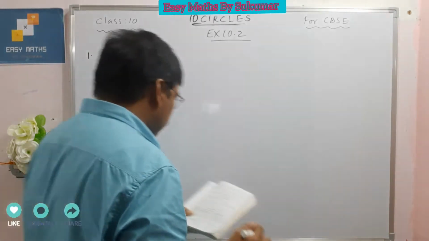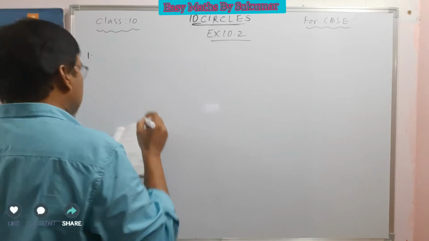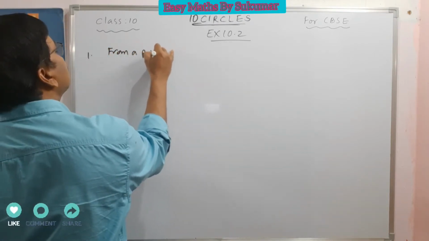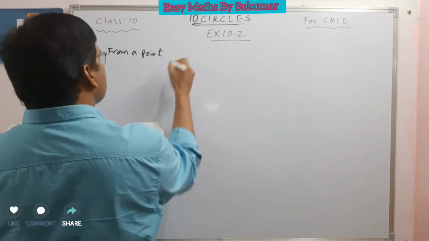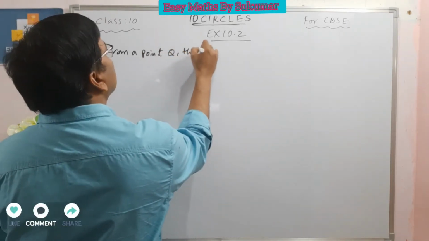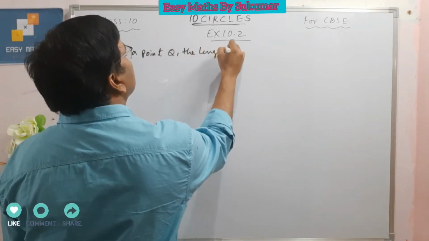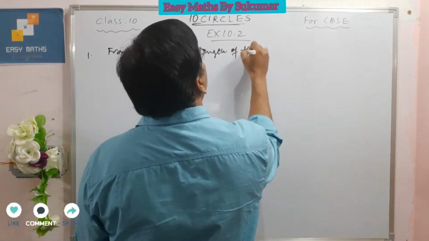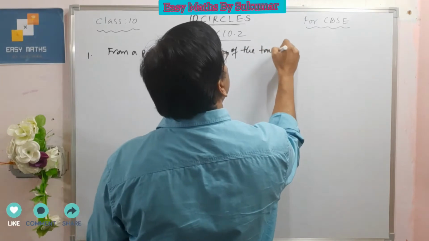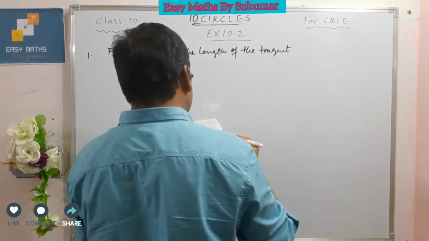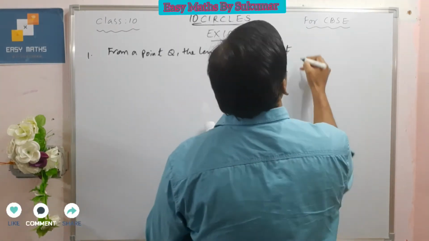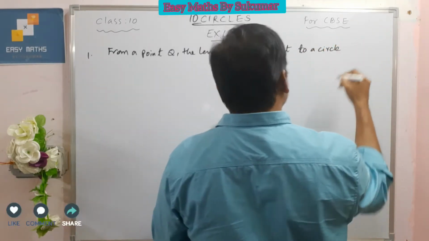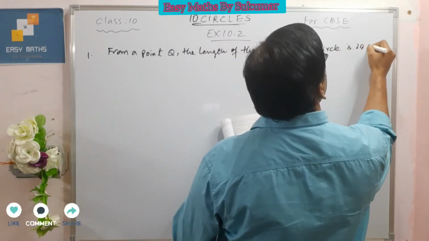Okay. The first question is like this. From a point Q, the length of the tangent to a circle is 24 centimeters.